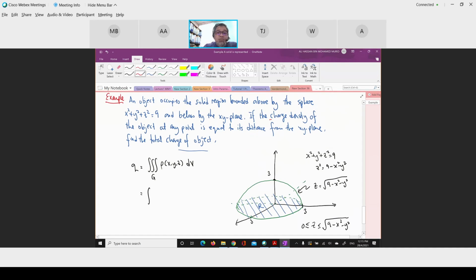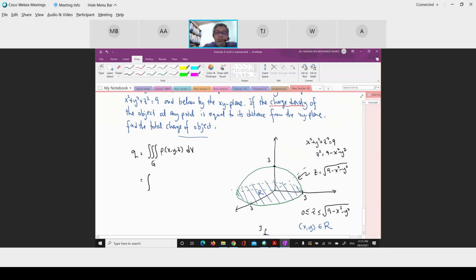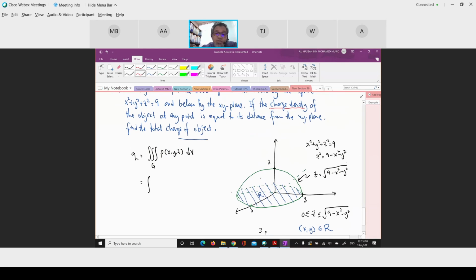The charge density is equal to its distance from the xy plane. So if I have a point x, y, z, the charge density is equal to its distance from the xy plane. What is the distance of a point x, y, z from the xy plane?